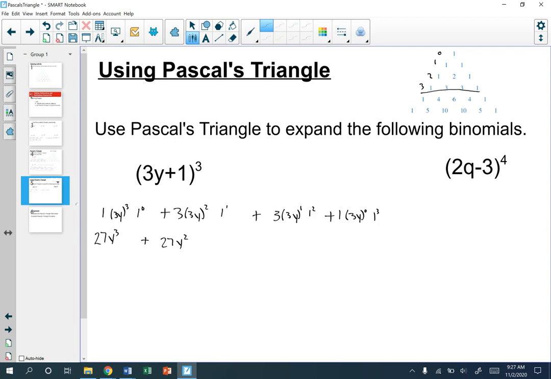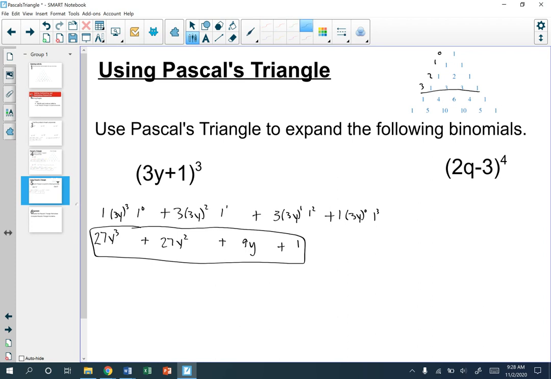And then 1 to the 1 is just multiplying by 1. Here I have 3y to the 1st, which is just 3y. 3y times 3 is simply 9y. Again, I'm ignoring the 1 to the 2nd because it's just multiplying by 1. Not going to change anything. Here I have 3y to the 0, which is 1. So I have 1 times 1 to the 3rd, which is just 1.